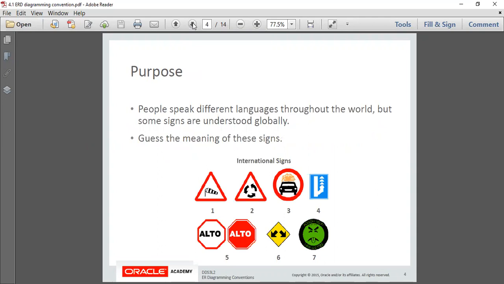So the purpose of the lesson, as you can see from the slide, people speak different languages throughout the world, but some signs are understood globally.